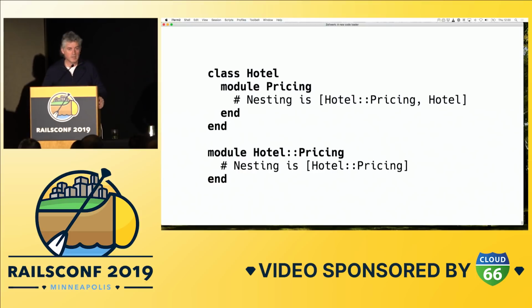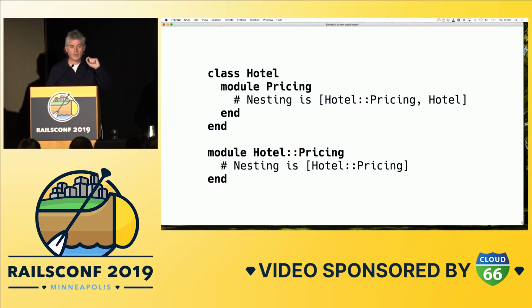It is very relevant to constant resolution that in the second case, where we use the fully qualified name, we are only using one module keyword. So that module keyword is pushing that module to the nesting. That's it. So Hotel::Pricing is in the nesting in both places, but Hotel is not.